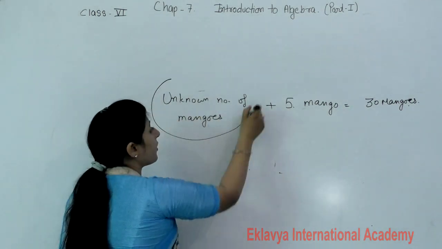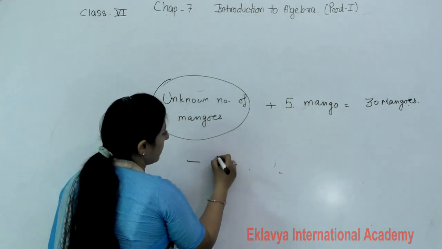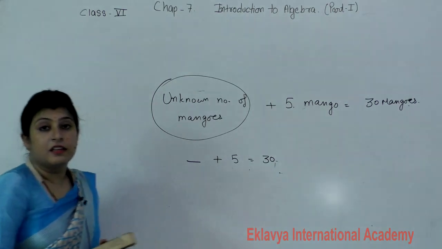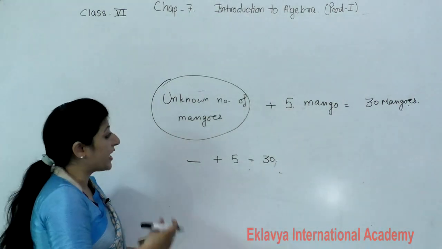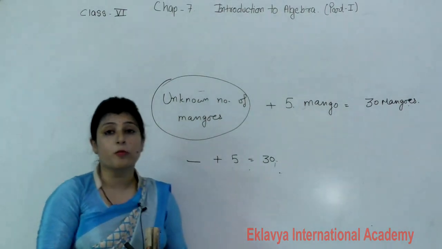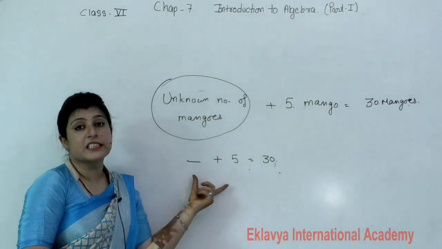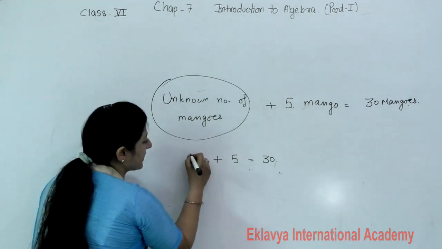So this unknown number of mangoes, if we represent it by a fill in the blank plus 5 is equal to 30, then everywhere in mathematics, when you come to a word problem, it is not possible that we show this thing with a blank. We have to represent it by some variable.